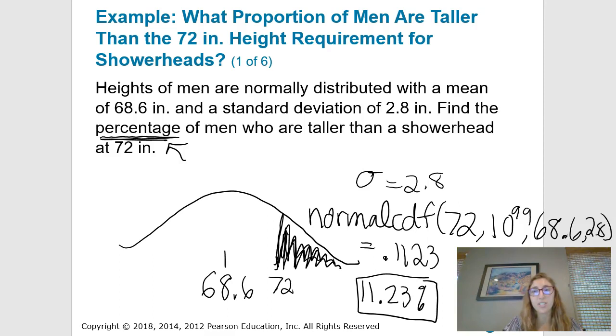So 72 inches is the same thing as 6 feet. That seems reasonable: about 11% of men are taller than 6 feet. Cool. So again, please draw your picture, shade in the corresponding areas, think about whether we want to use our normal CDF or our InvNorm, and when you get an answer, please make sure it seems reasonable.